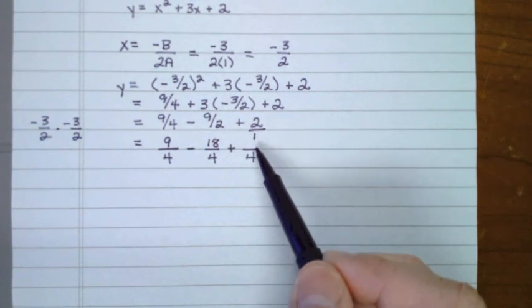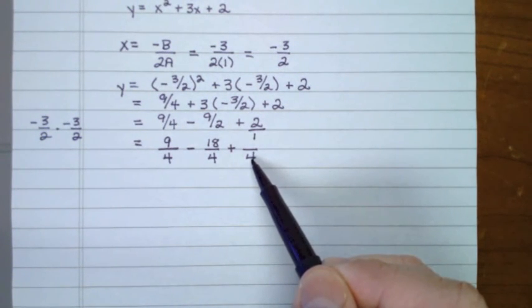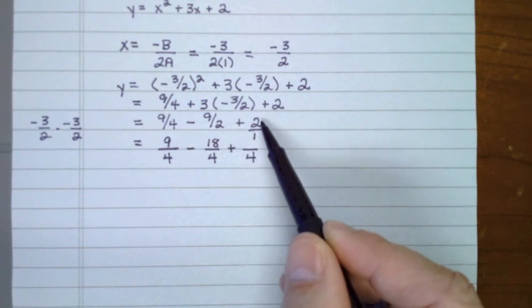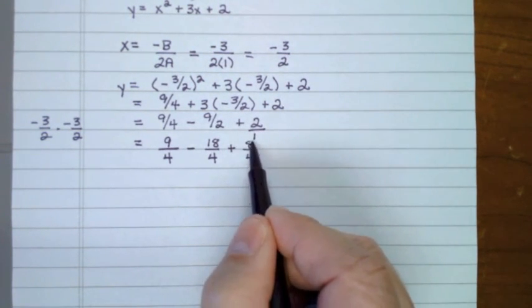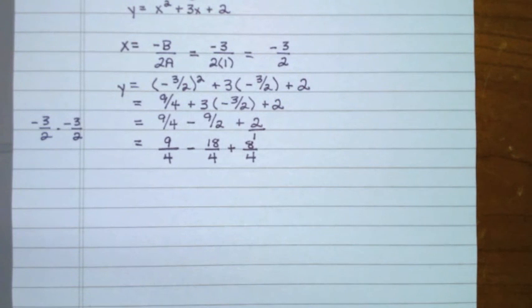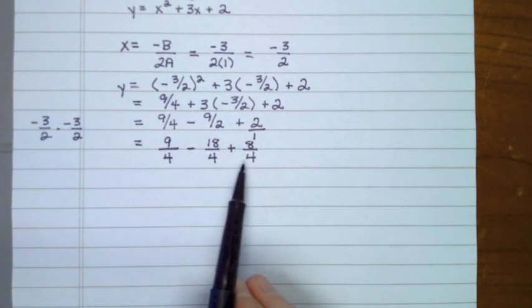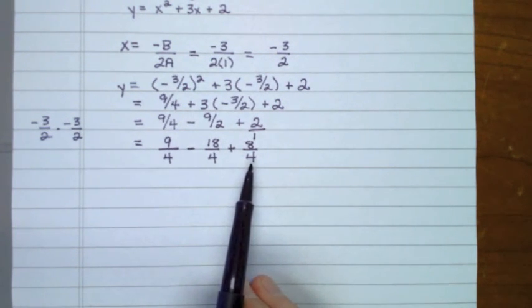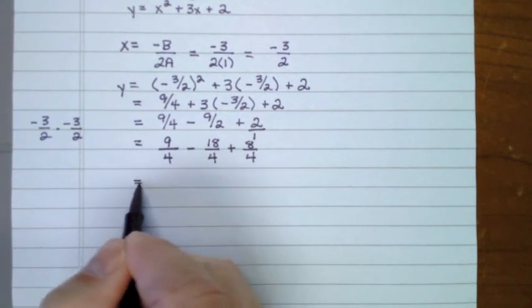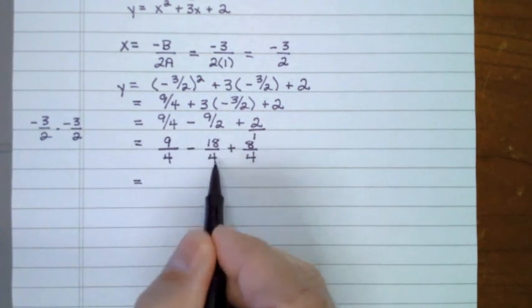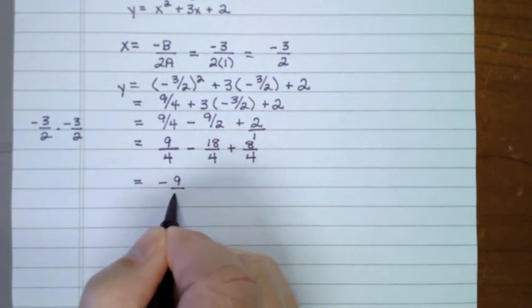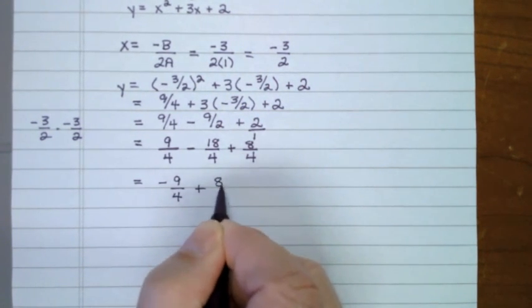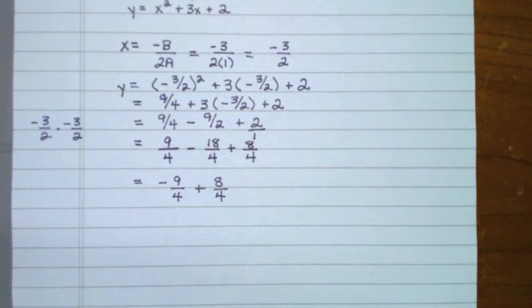What do I multiply to 1 to get 4? That would be 4. If I'm multiplying the bottom by 4, I need to multiply the top by 4. 4 times 2 is 8. Now I can combine these together because they've all been changed to where it has a common denominator. 9/4 minus 18/4 is negative 9/4 plus 8/4.